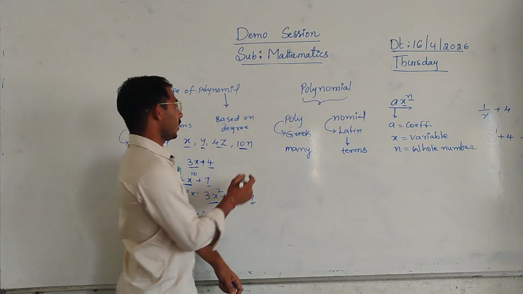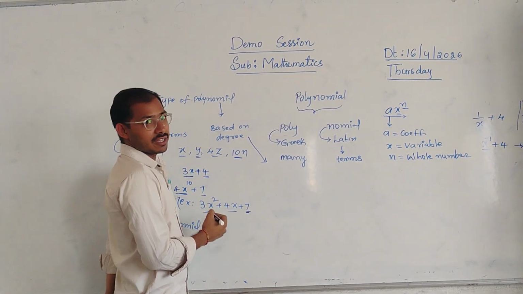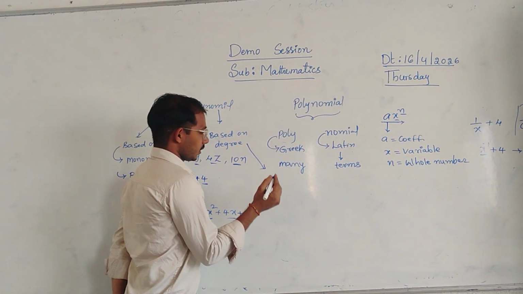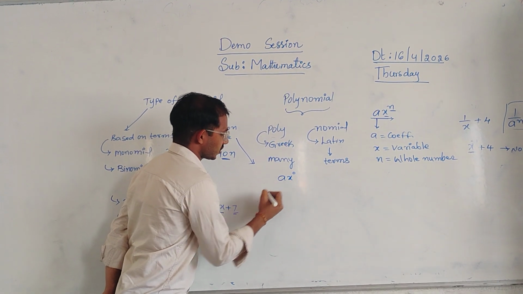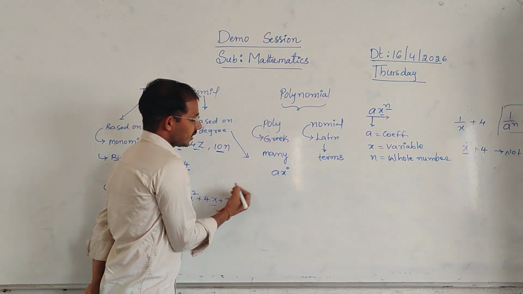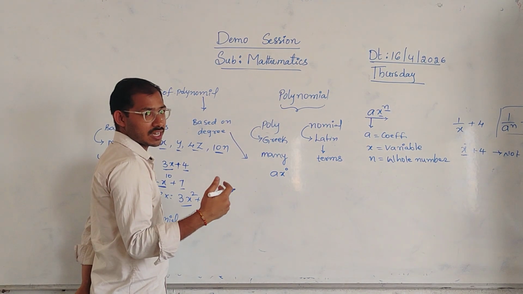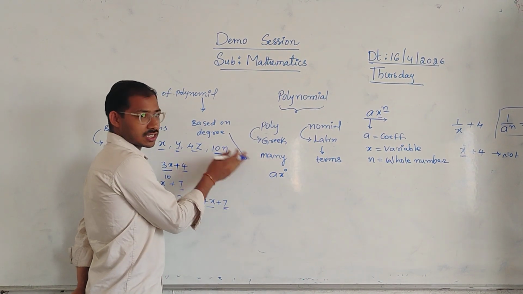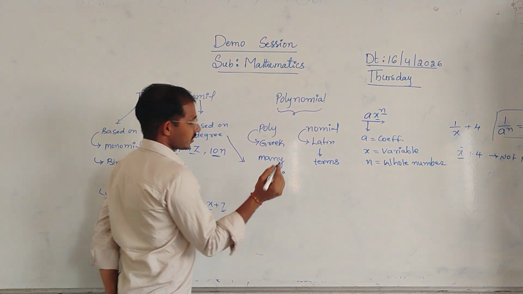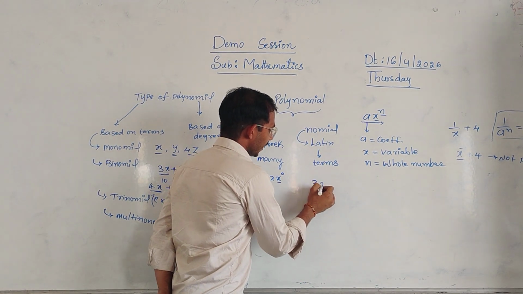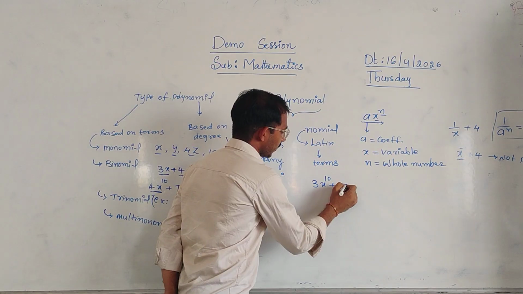Now come to the types based on degree. Degree means the highest power we have to take. If an algebraic expression has several powers, only the highest power is considered as the degree. For example, 3x power 10 plus 4x power 15.